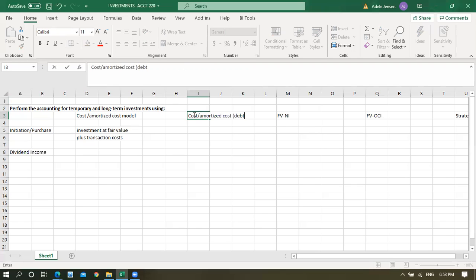So this will be the debt instruments, and this one will be for the share transactions, investments in shares.